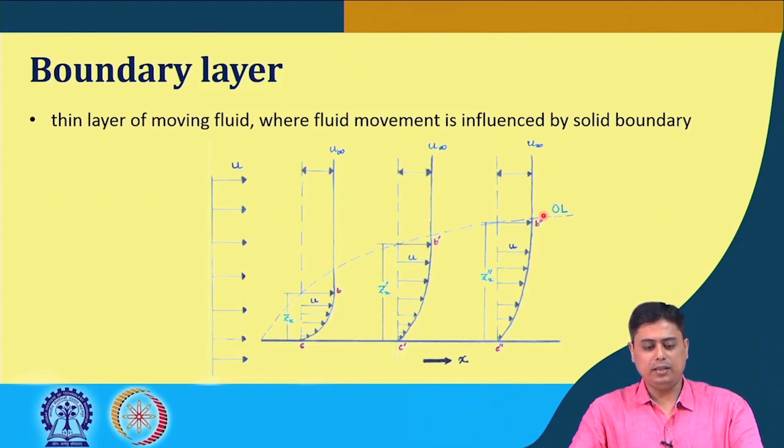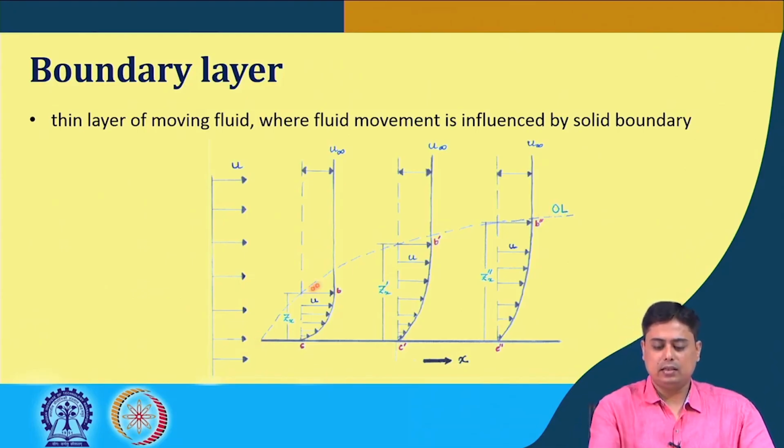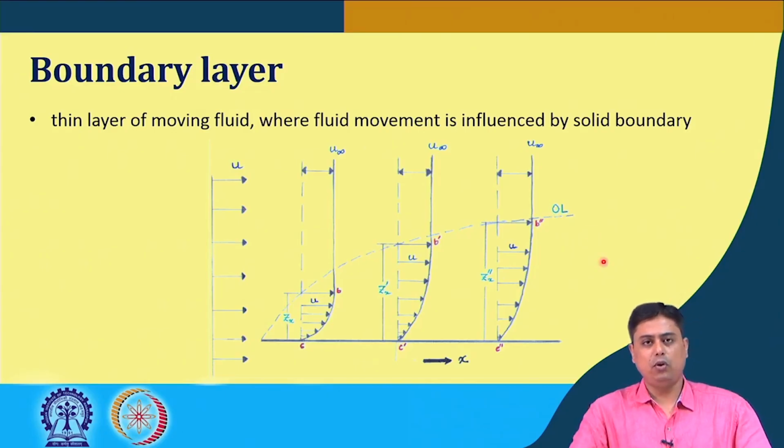So, what happens that this imaginary line divides this flow domain into two segments basically.